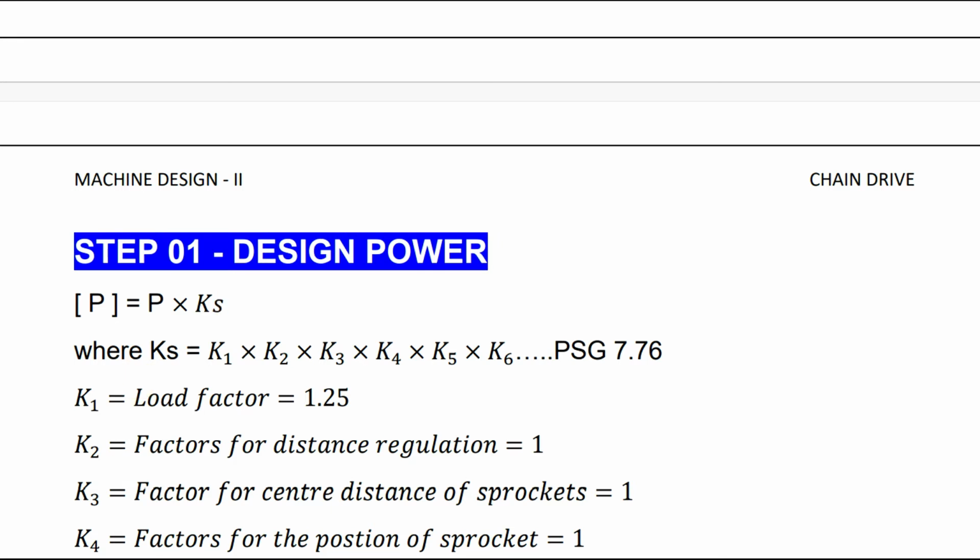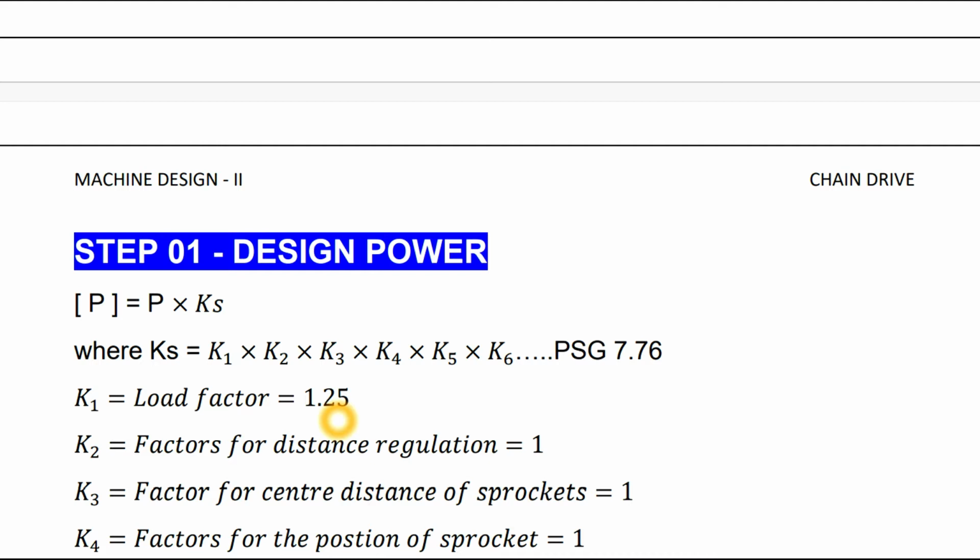Service factor formula is Ks is equal to K1 into K2 into K3 into K4 into K5 into K6. This formula you will get on PSG page number 7.76. Where K1 is the load factor. So how will you select the value for this K1? Go to PSG page number 7.76.